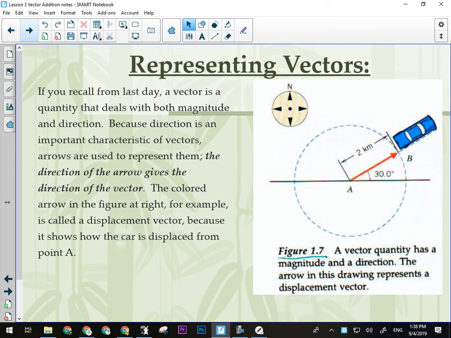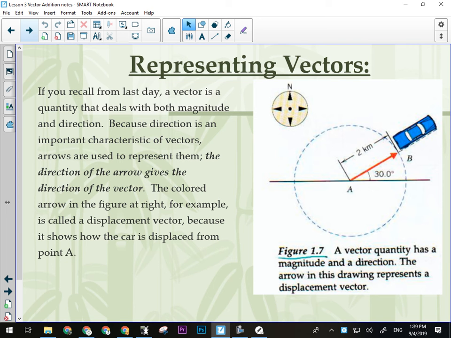Okay, pretty straightforward there. And then because it's an arrow, we can make it point in the direction that we were given for that vector. So in this one here, this would say this is a 2 kilometer vector at 30 degrees, because we have a compass here, north of east. Because it's above, or in a northerly direction from, due east. Right? So this is how we would represent any vector.